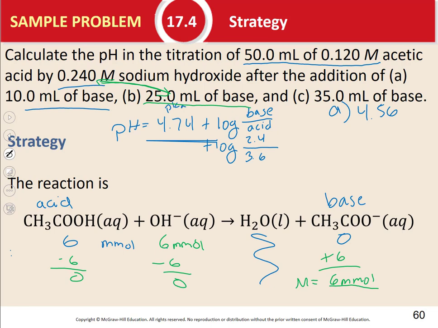So how many milliliters do we have in part B? 75. Good. We started with 50, and so far we've added 25, so 75 milliliters. So we have a concentration of 0.08 molar.